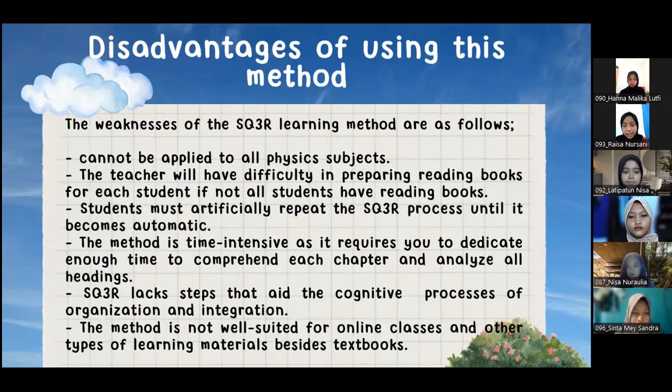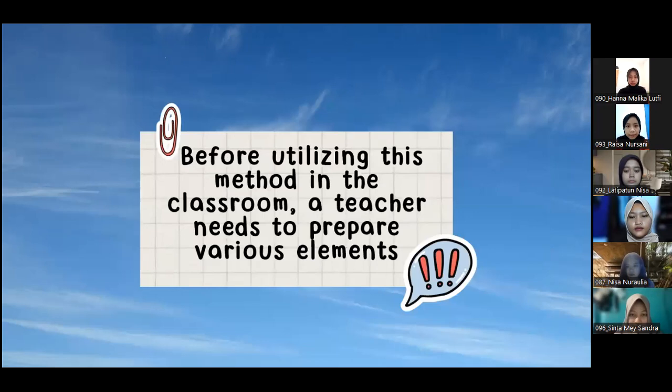Next, the SQ3R method can be difficult to learn and apply, and SQ3R lacks steps that aid the cognitive processes of organization and integration. And the last one, the method is not well suited for online classes and other types of learning material besides textbooks. Next slide, please.